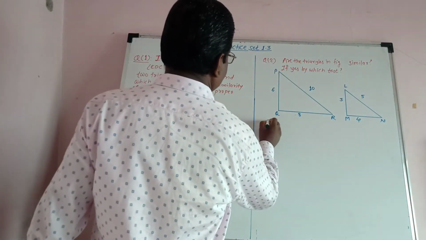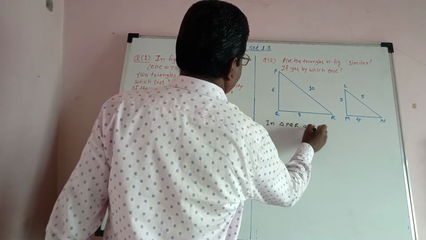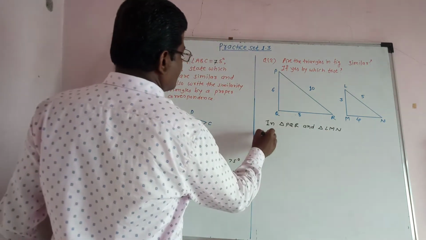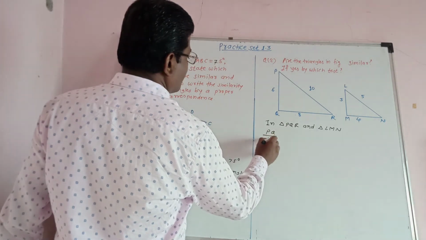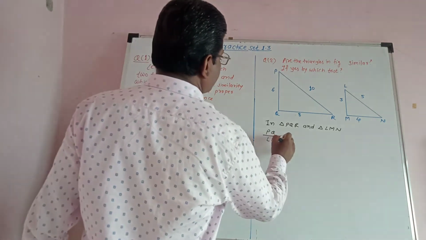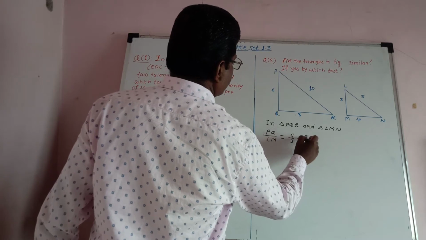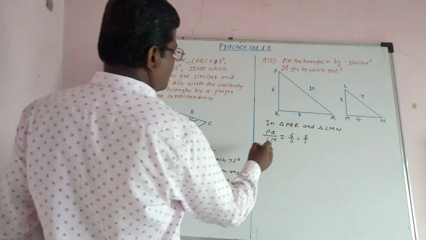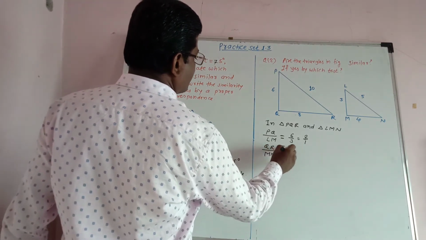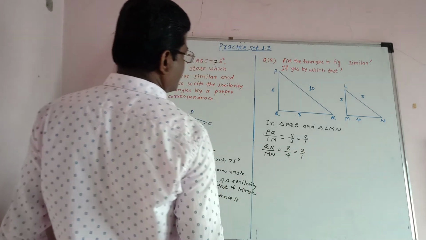So write, in triangle PQR and triangle LMN, take the ratio PQ upon LM is equal to 6/3, which is equal to 2/1. Now take the ratio QR upon MN is equal to 8/4, which is equal to 2/1.